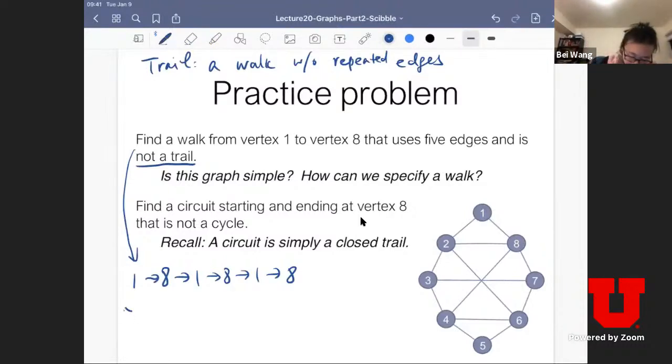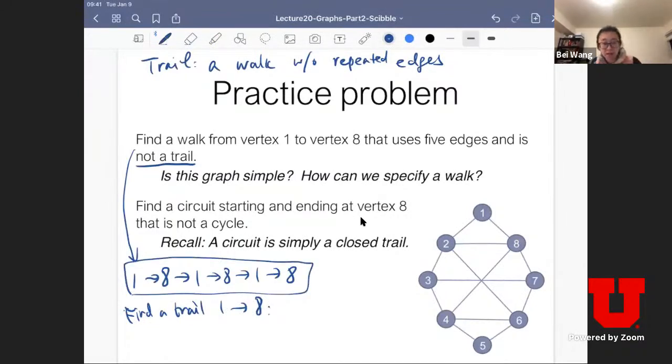Let's say, can you find a trail that goes from 1 to 8? Okay, so the first question is find a walk that is not a trail. Now I want to find a walk that is a trail that goes from 1 to 8. Okay, it turns out this is also doable.